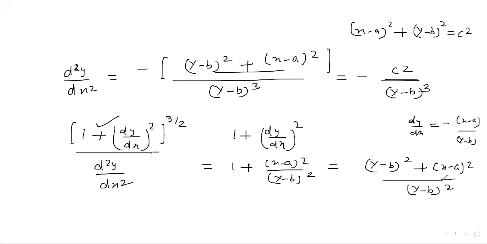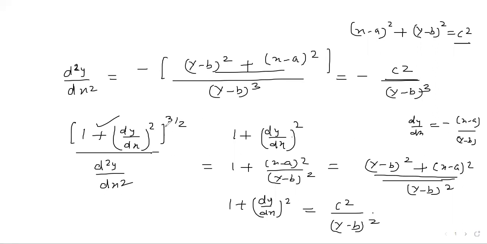As we know that (x minus a) whole square plus (y minus b) whole square, this much will become c square. So we can write it as c square divided by (y minus b) whole square. So this is the value of 1 plus (dy by dx) whole square.